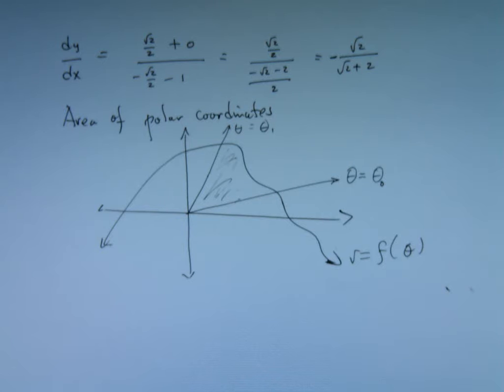Well, think about what you did in rectangular coordinates to find the area under a curve. You divided up the x-axis into little pieces, little delta x's. You found the area under the curve over each of those delta x's. Use rectangles, okay? Where the area of each rectangle is equal to the value of the function, the height of the rectangle, times the delta x, and sum them all up.